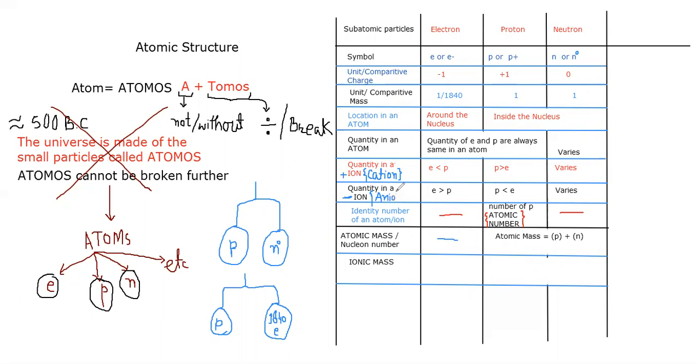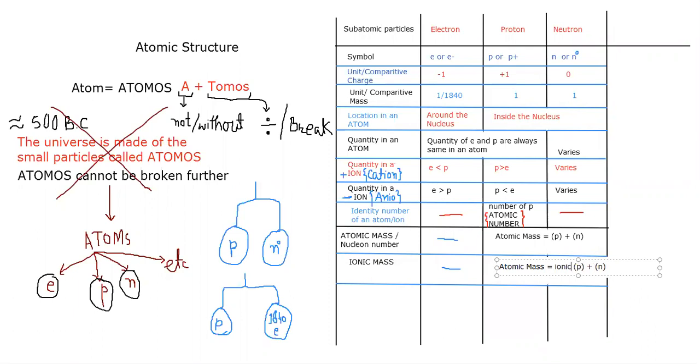As we know, in the case of cation and anion, the quantity of electrons and protons plays a very vital role. But in the case of cation or anion mass, there is no role of electron. The same thing you will find here: the atomic mass is always equal to the ionic mass.